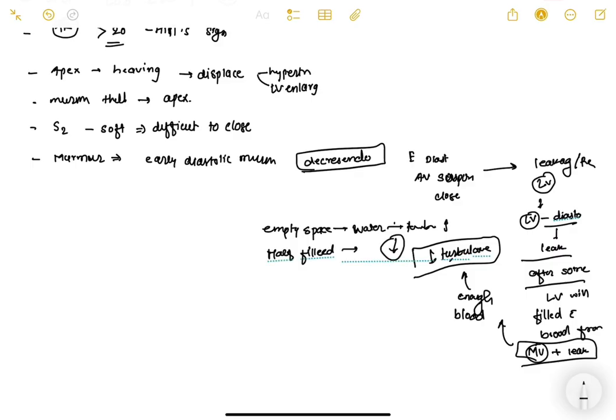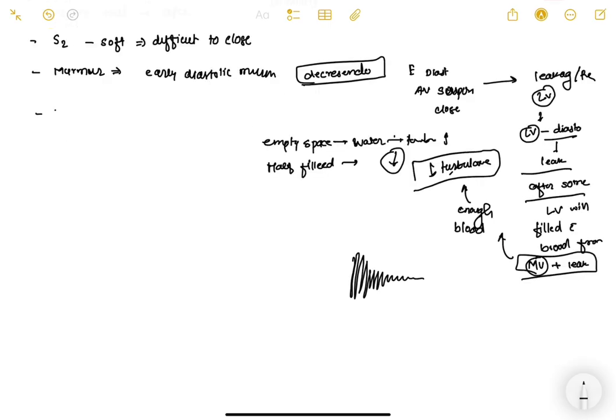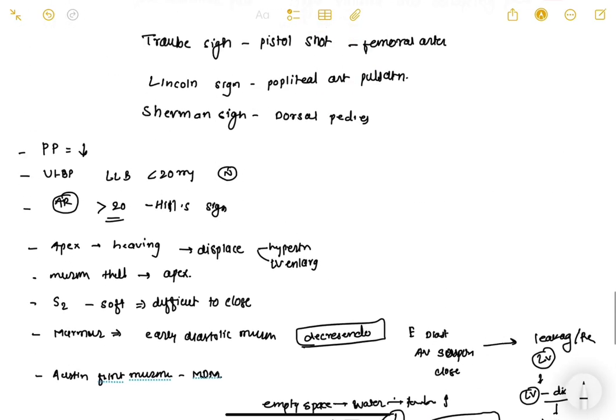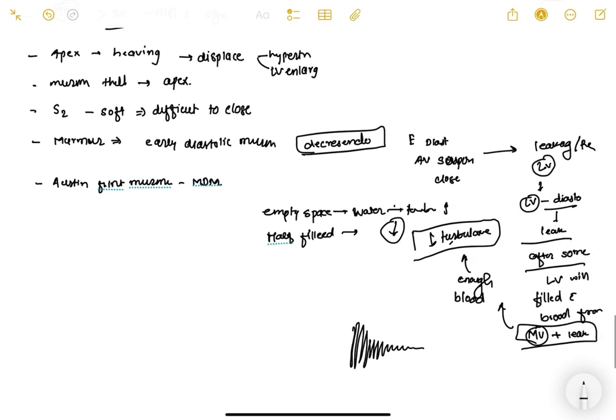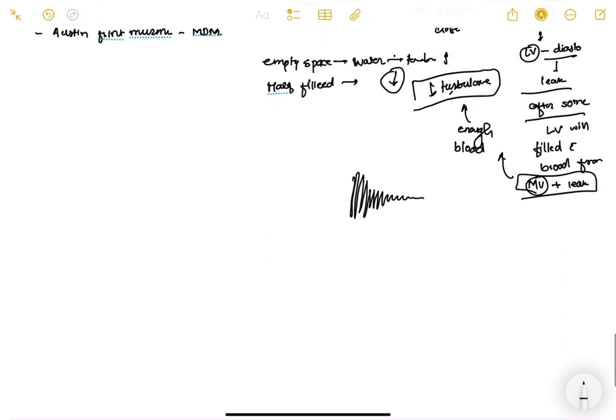Same goes with this AR. There is a name called Austin Flint murmur, which is a mid diastolic murmur. So these are the clinical features and lab findings that we can get in aortic regurgitation.